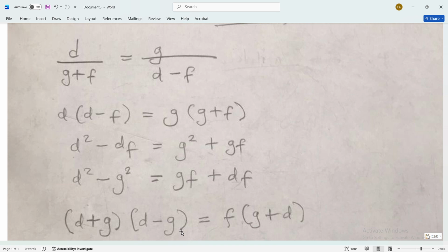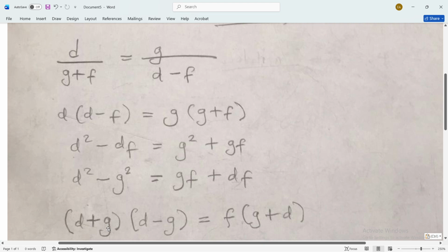Minus dj plus dj will cancel itself out, leaving d square minus j square. So that's how come we have this equation representing d square minus j square, right?